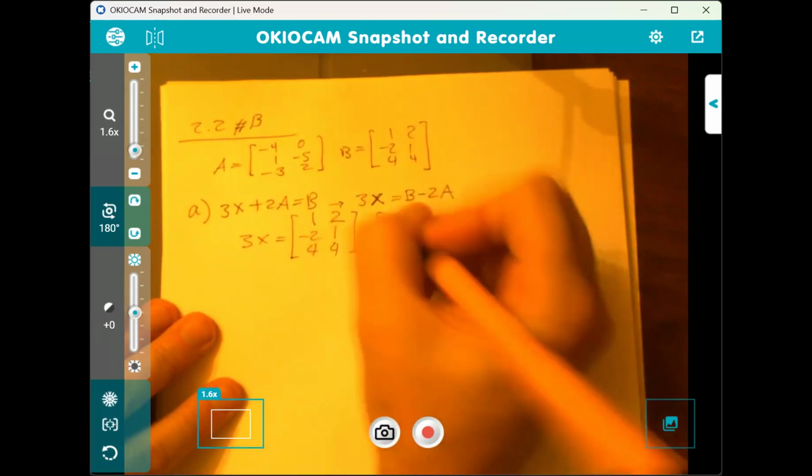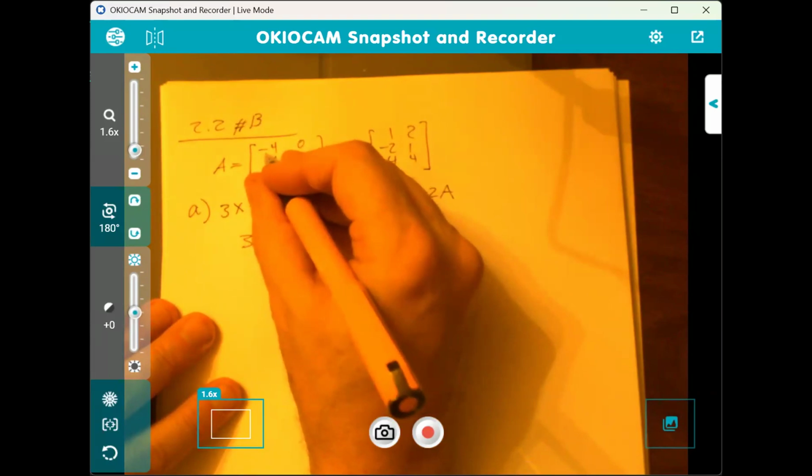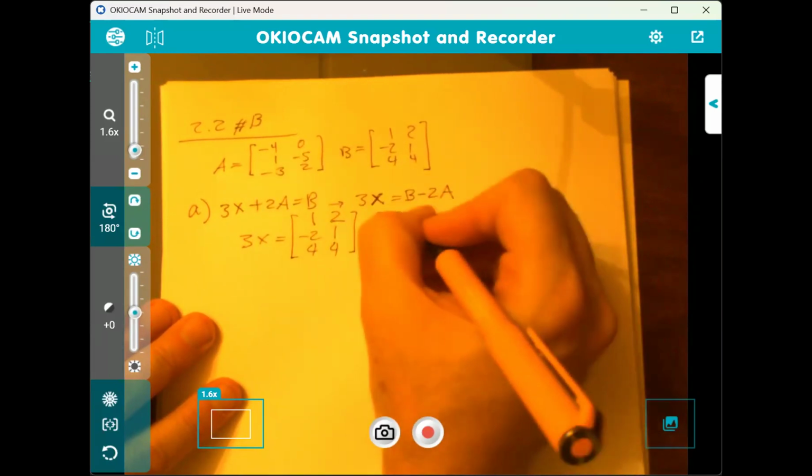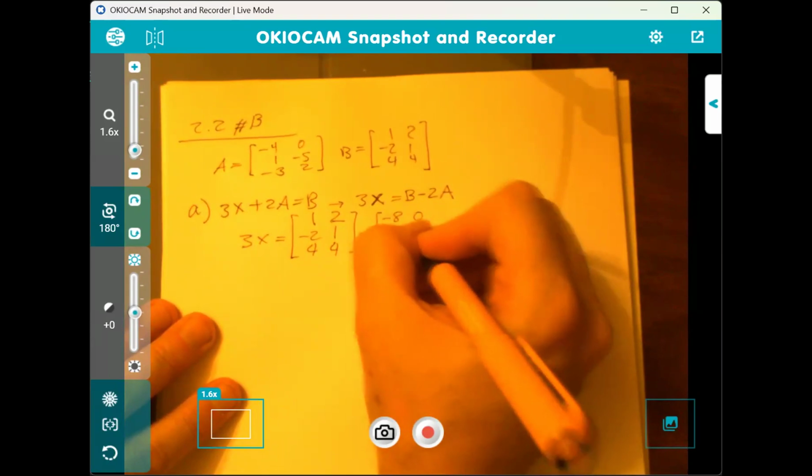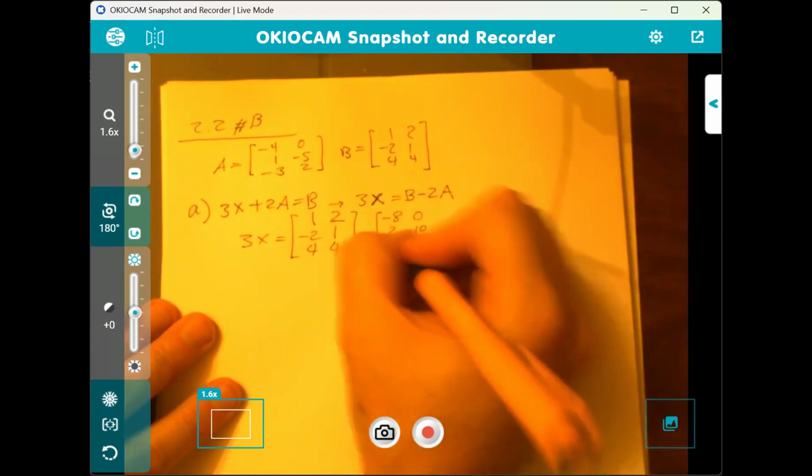That's 2 times negative 4, so negative 8, 0, twice 1, 2 times 5, 2 times 3, and 2 times 2 is 4.